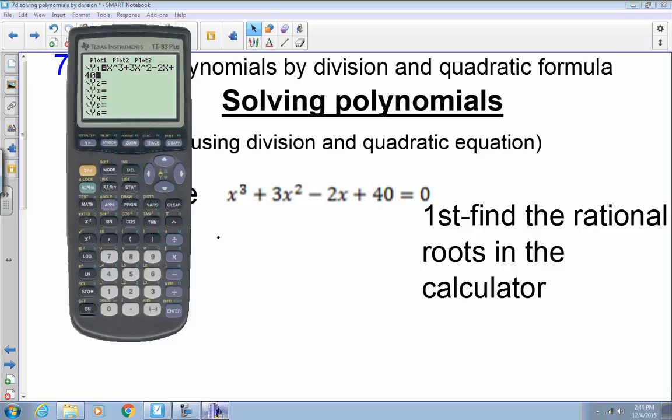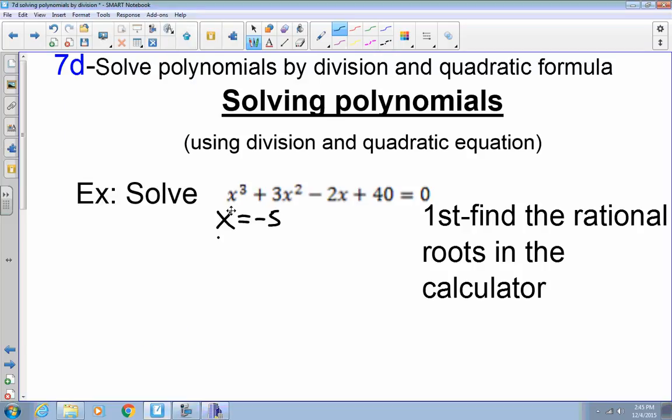So you put it in the calculator, graph it, and find the x-intercepts. Save time and find the x-intercepts on the table. It's at negative 5, 0, so the x-intercept is negative 5.